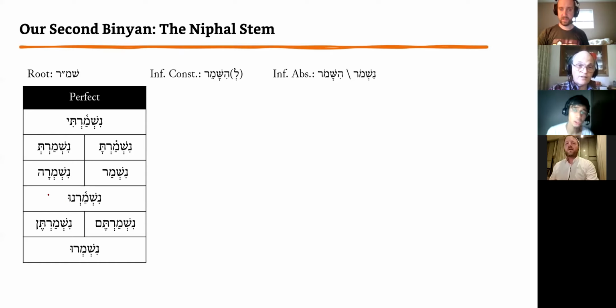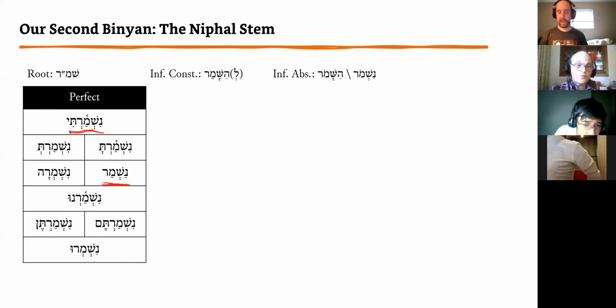Then the second person. So if nishmar means he was guarded, what's nishmarti? I was guarded. Or I was protected, or I was kept. Then Nishmarta, you, masculine, were guarded. Then Nishmar.